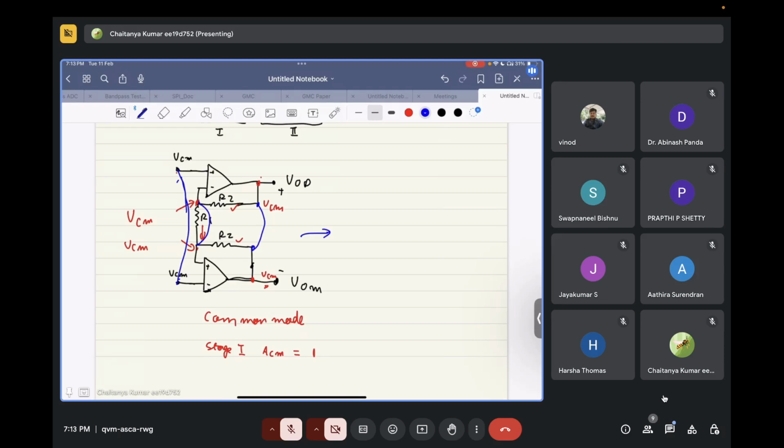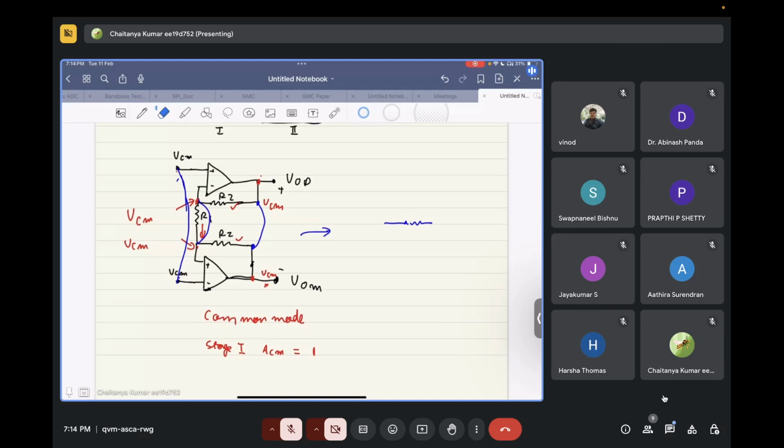So it's equivalent to a short circuit, correct? So this R1 will go away, and the two R2s come in parallel. So basically we will have R2 by 2, R1 will go away. So this will be around this op amp.